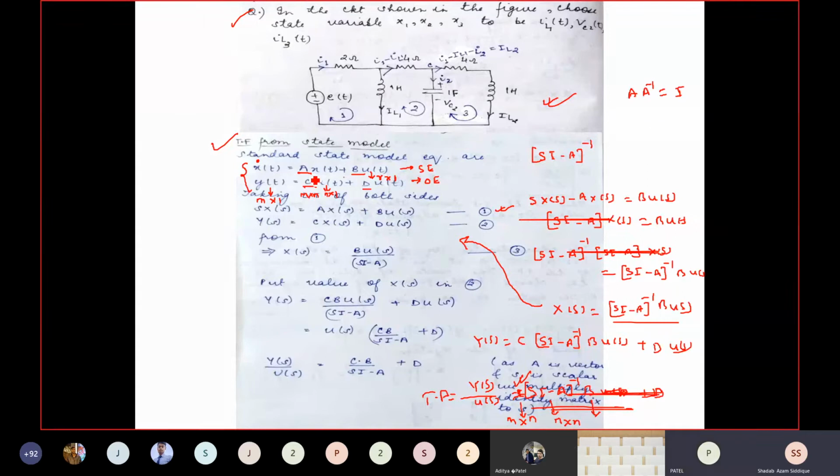So this should be N cross 1, so B should be N cross R matrix. D is, this is R cross 1 and D should be M cross R. So M cross R multiplied by R cross 1 will give an M cross 1 matrix. So this should be M cross R.